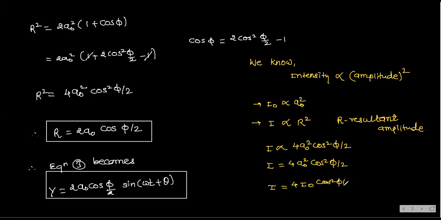So cos square phi by 2, and therefore I is equal to 4 I naught cos square phi by 2 is what your intensity is. Right? Note down. So from this analytical treatment, what we found? We found the resultant intensity of wave when two waves of same amplitude are reaching point P. Okay.